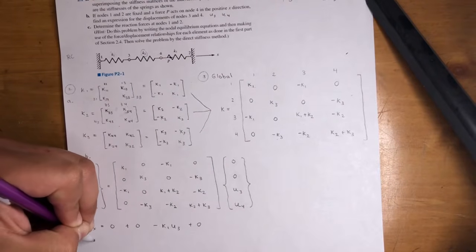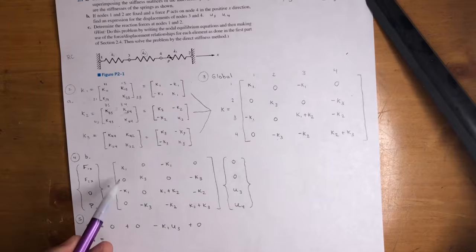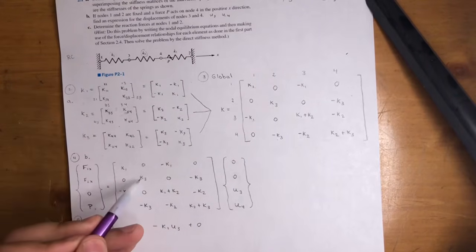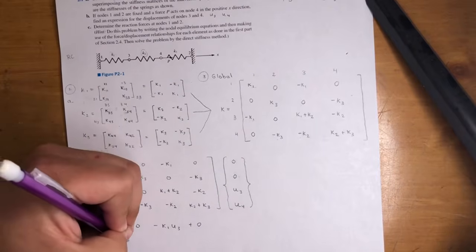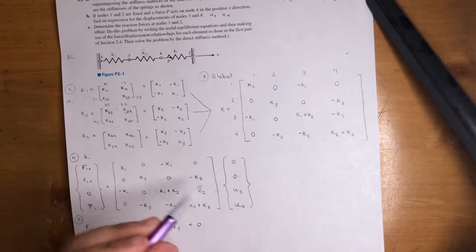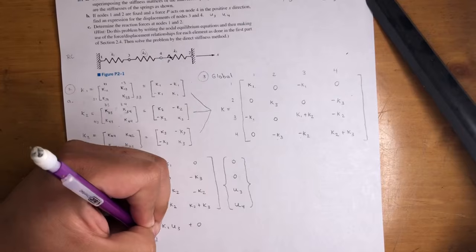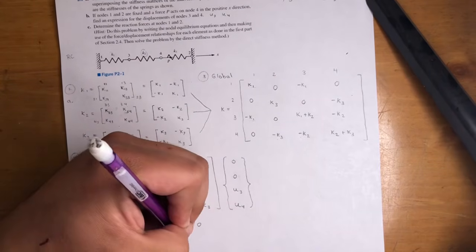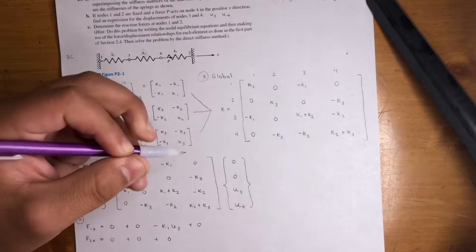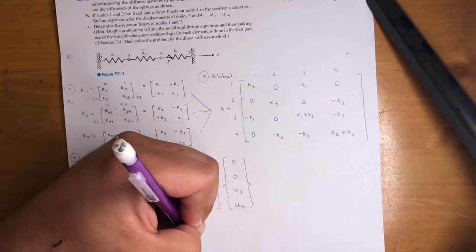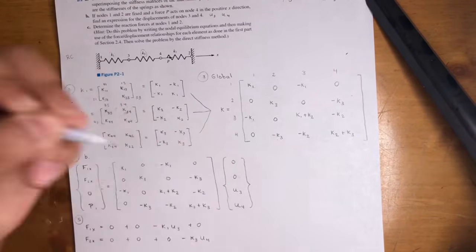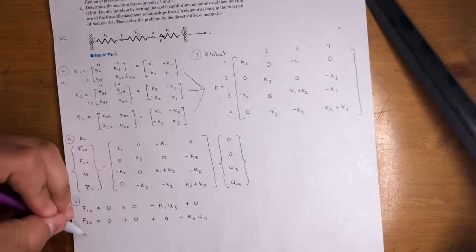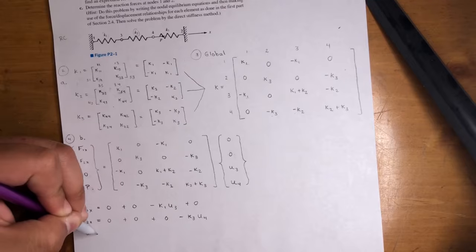Do the same for all of them. F2x: 0 times 0, that's 0. K3 times 0, that's 0. 0 times U3, that is 0. Negative K3 times U4, minus K3 times U4. Okay, cool. So next one, 0, right?